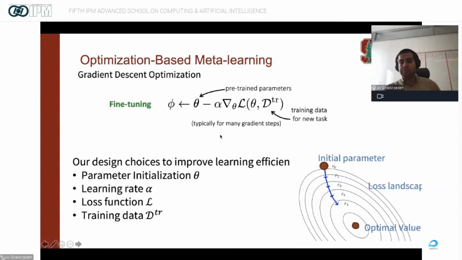We can come up with better loss functions, or we can try to find a set of more informative training data that facilitates learning or fine-tuning to a new task. MAML works based on the first idea. There are lots of different algorithms that deal with different options, but I'm going to talk about the first one, which is the MAML framework.